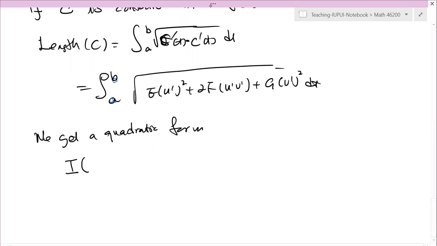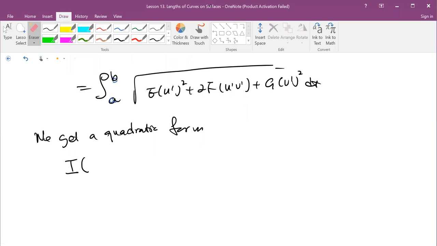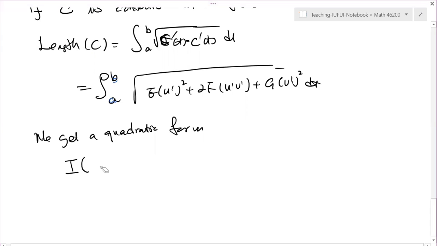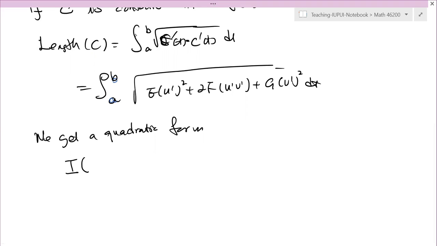I'm going to use a different notation for the vector. Let me use a capital V, otherwise it's confused with my notation.